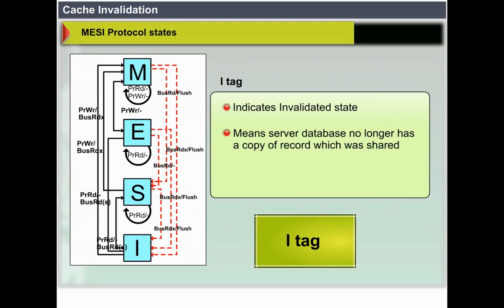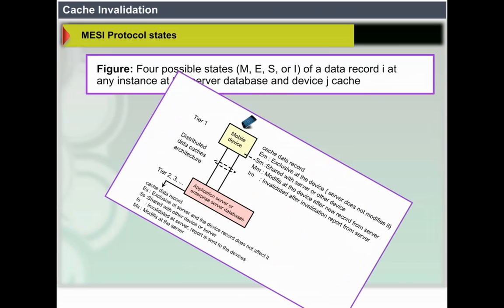It means the server database no longer has a copy of the record which was shared. This state is reported by the server to the clients and noted by clients. Figure shows 4 possible states M, E, S or I of a data record I at any instance at the server database and device J cache.